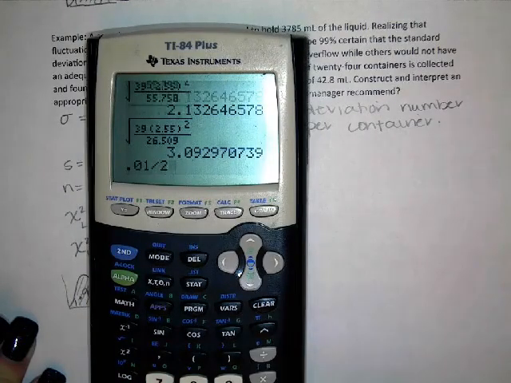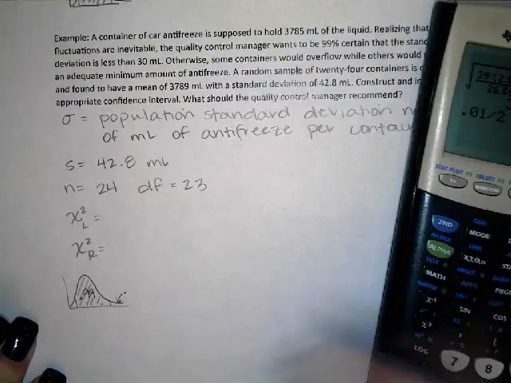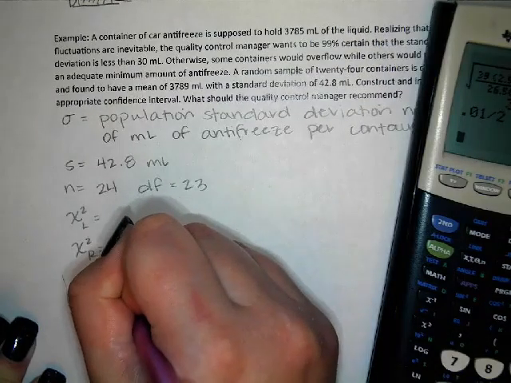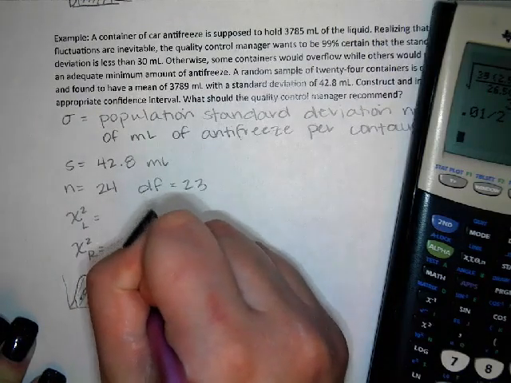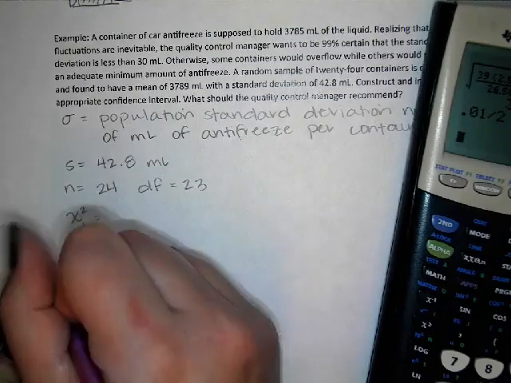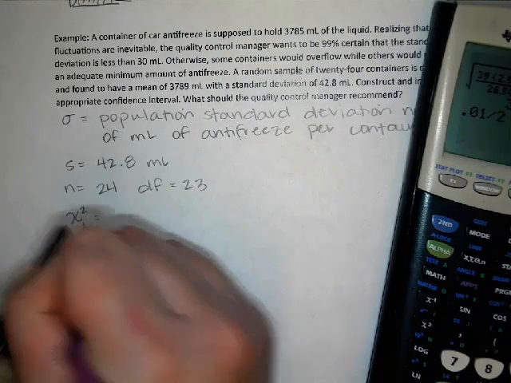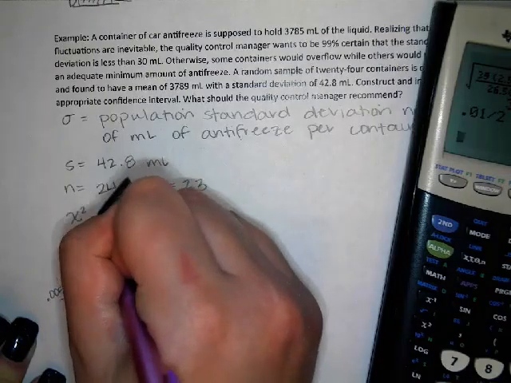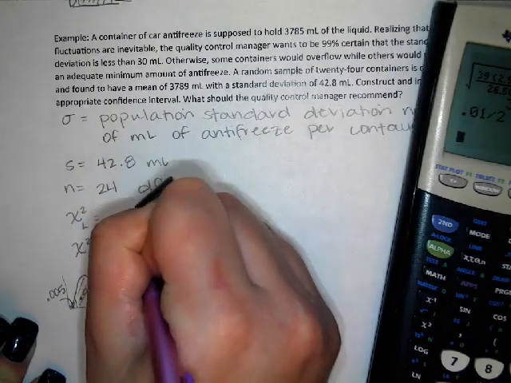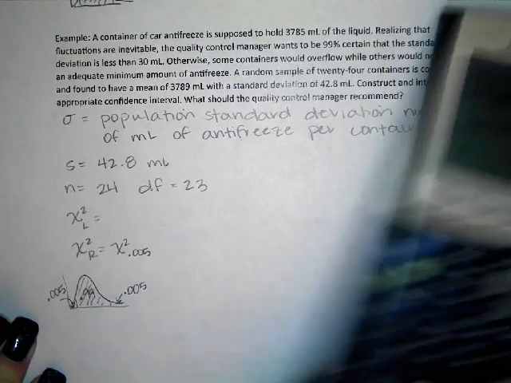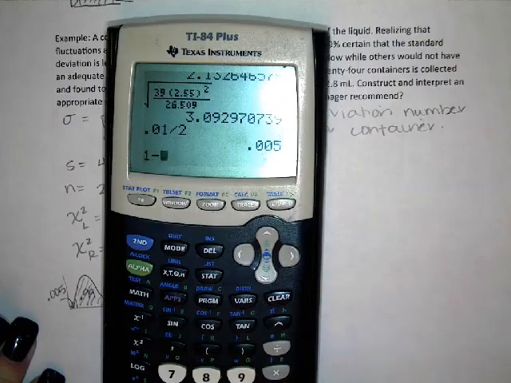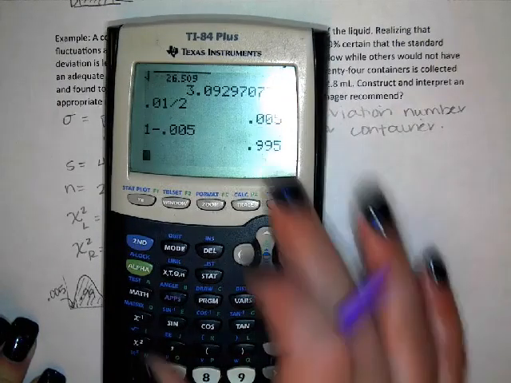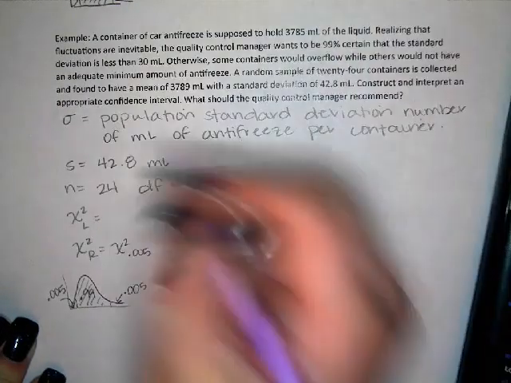So 0.005 on the right side, 0.005 on the left side. And on the left side, I'm not going to call that 0.005. I'm going to call that 0.995.